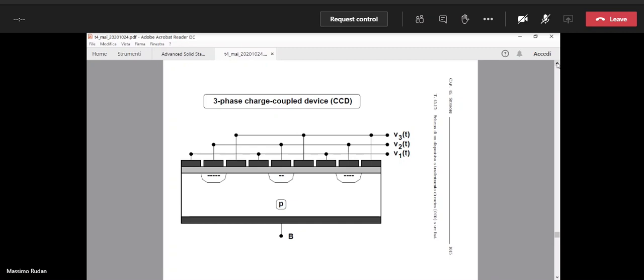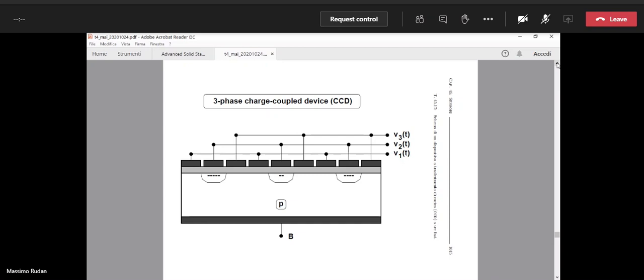If you want to realize a memory, you have to fill the charge packets electrically from some injection device from the left, okay?